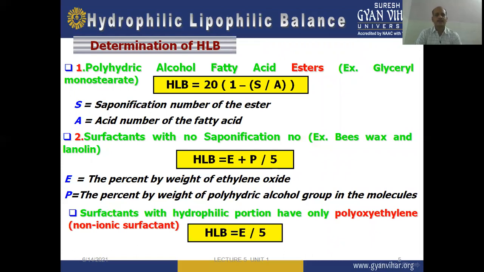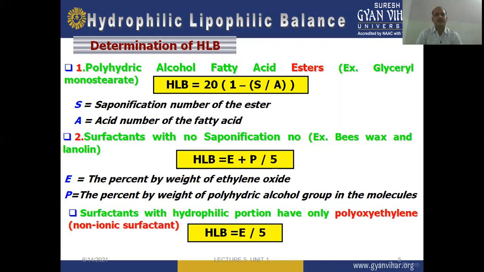So first we have to know what the saponification number of an ester is, or what the acid number of a fatty acid is. The number of milligrams of potassium hydroxide required to neutralize the acid is the acid number. And to saponify the ester, this is the saponification number.